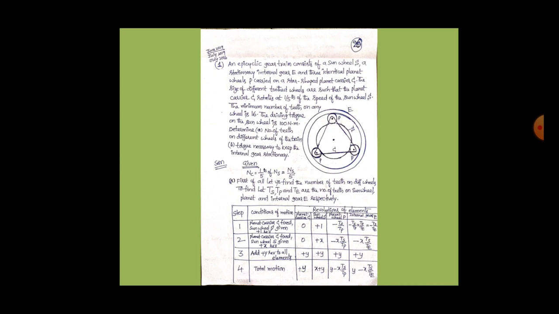the second one, the torque necessary to keep the internal gear stationary. Now this is an epicyclic gear train, which consists of the sun wheel S, which can be seen in the figure.